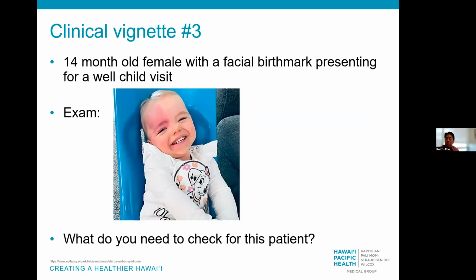And lastly, for the patient with the V1, V2-ish port wine stain. And what's the triad of complications they can have? Thank you, Naomi.